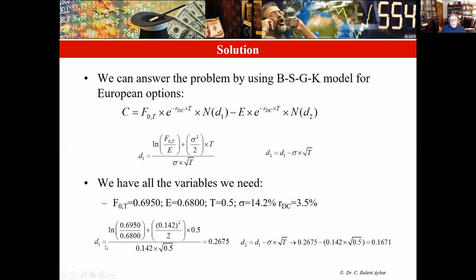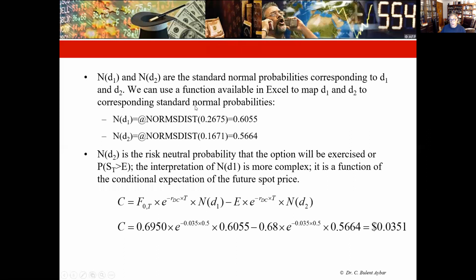So when we plug these numbers in, we can calculate D1 as 0.2675 and D2 as 0.1671. Now, how are we going to calculate these standard normal probabilities based on D1 and D2? In order to do that, we are going to use a function in Excel. There is a function called NORM.S.DIST.